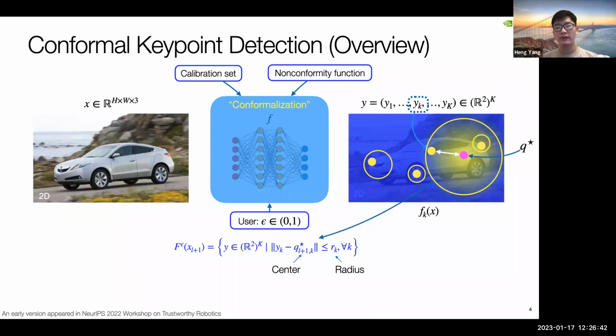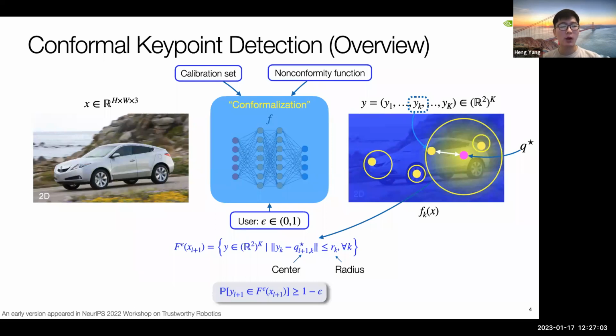So it's going to give you a bunch of these yellow balls that guarantee that the probability of the ground truth keypoints lying within my F epsilon will be larger than 1 minus epsilon. And basically, this is a probabilistic guarantee that we will be able to make on average.